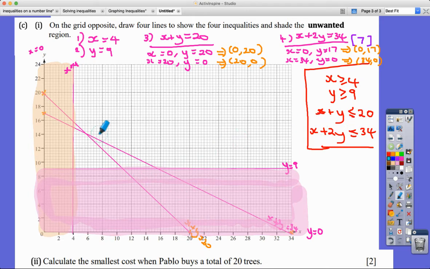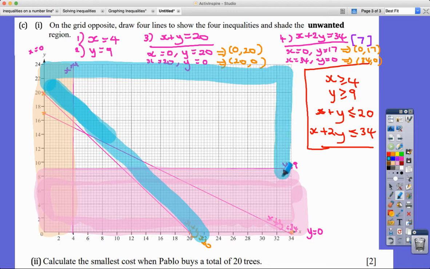So there's the line. I want below the line, so I'm going to shade above that line. Let's just get it right. It's above the line. So if I just draw along the barrier area, there we go. That's the hardest bit probably, especially when you're doing it using technology like this.